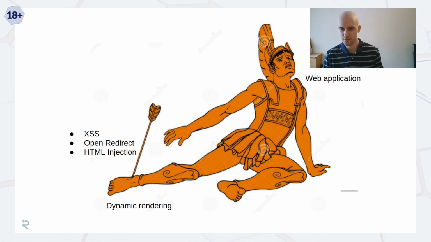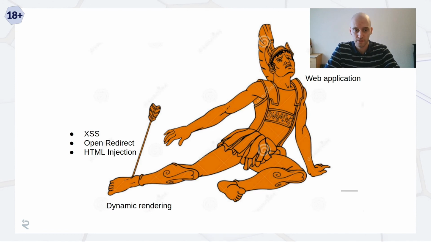In my bug bounty experience, it was literally the front page of a web application. Also, for example, while preparing for this talk, I found out that Twitter uses dynamic rendering for their front page also.